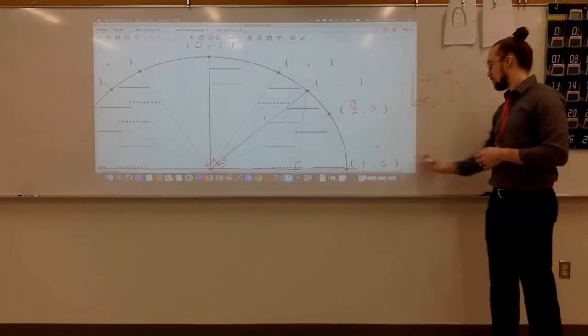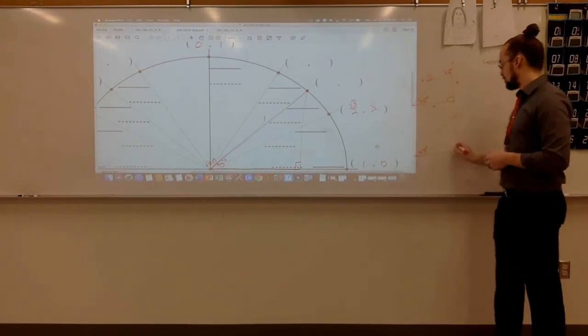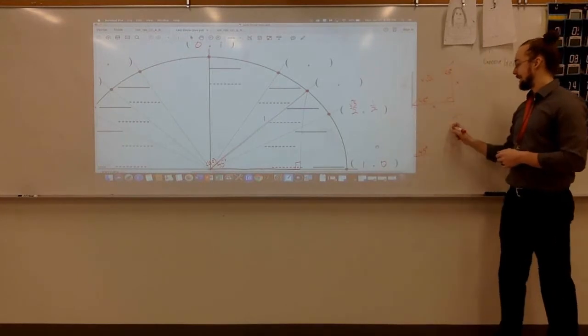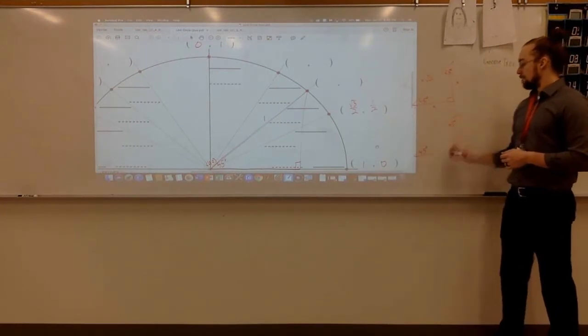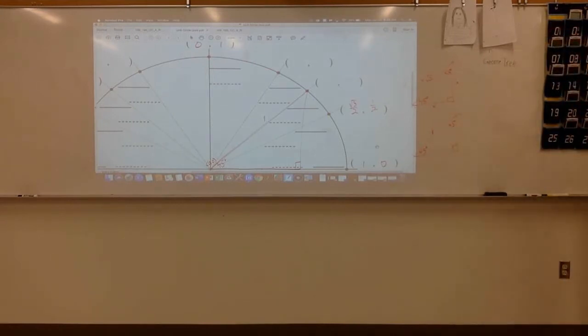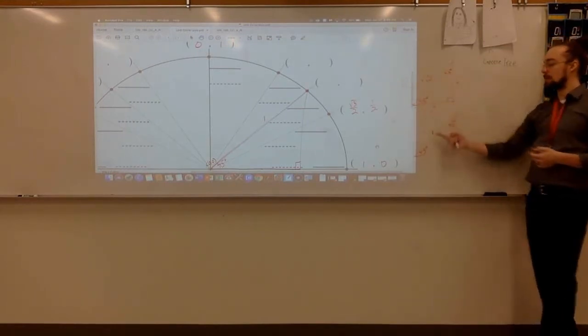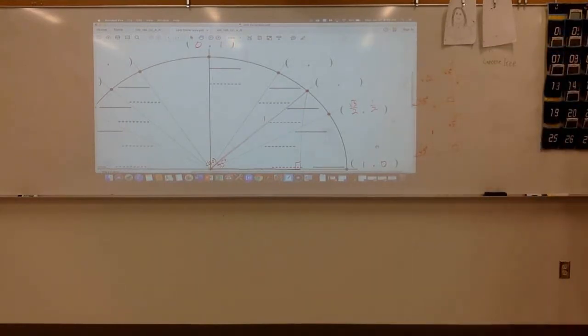Now, in this right triangle, we know that the hypotenuse is 1. Knowing that, and knowing this relationship we already talked about, how would I find the length of the two legs here?